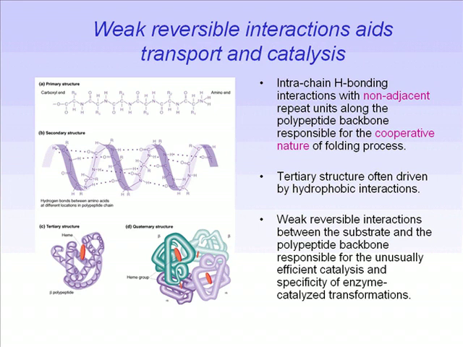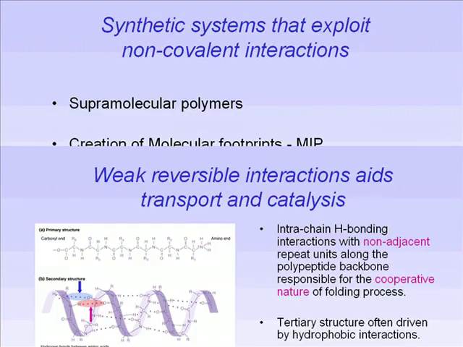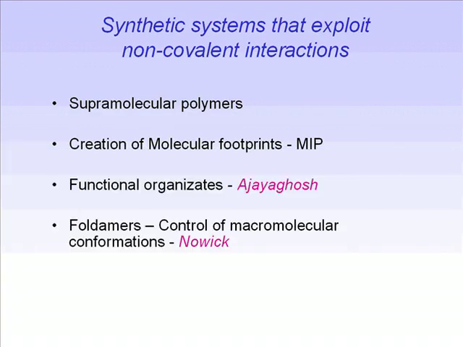Now, once the secondary structure of the protein is formed, it again folds to form this sort of tertiary structure, which is often driven by the non-directional interaction, which tends to expose the more hydrophilic regions of the protein to the outside surface, which lowers the energy of the system.